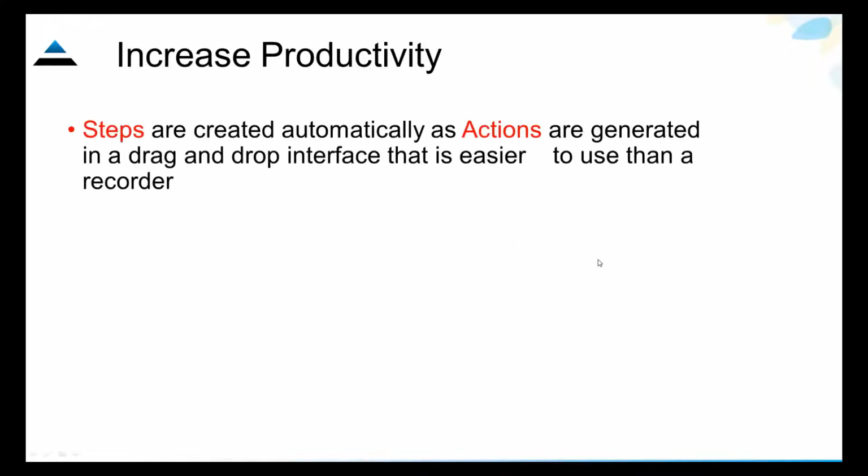Now the reason why we're doing this, why we've developed this step-based approach, why we've developed these application objects, is because we want to increase productivity. Steps are created automatically as actions are generated in that drag and drop interface. It's easier to use than a recorder.